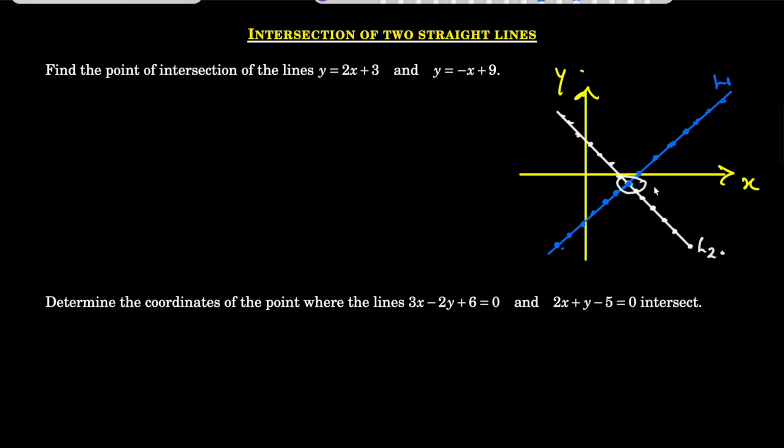So basically, here is what we refer to as the point of intersection of these two straight lines. Because if you look at all the blue and white dots, except for this point, every other point goes its own way. The same thing goes for the blue line.